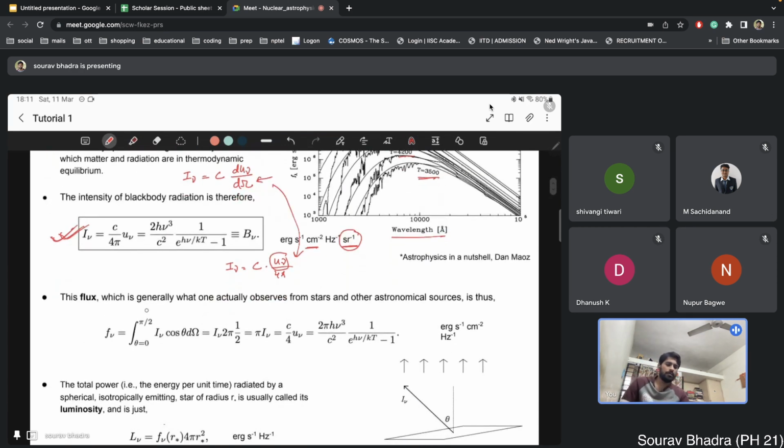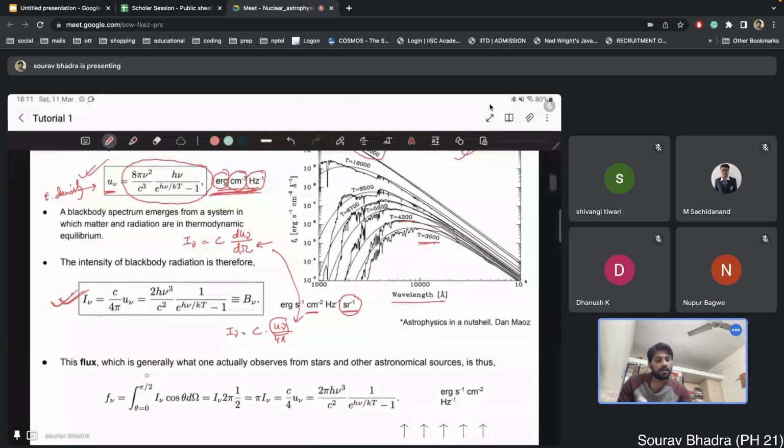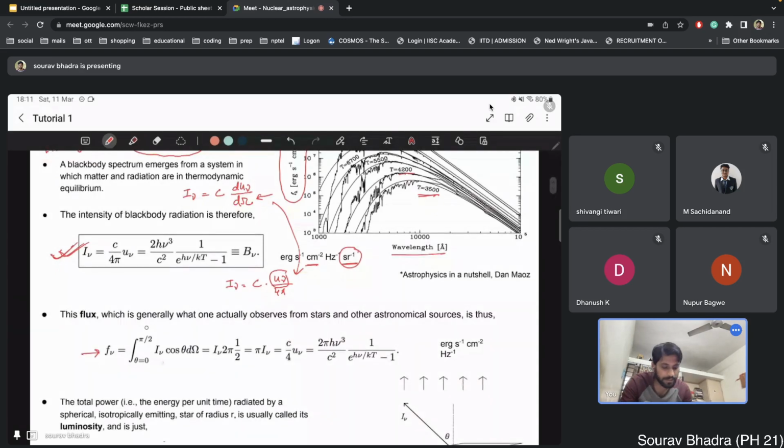Now we will calculate the flux, which is the most important thing, and which has been plotted on the y-axis of this plot also. Whenever we plot a spectrum, we measure the flux as a function of either wavelength or frequency. So the flux can be calculated by this.